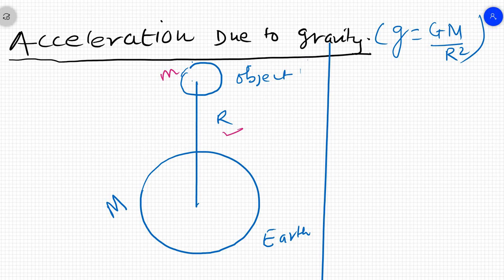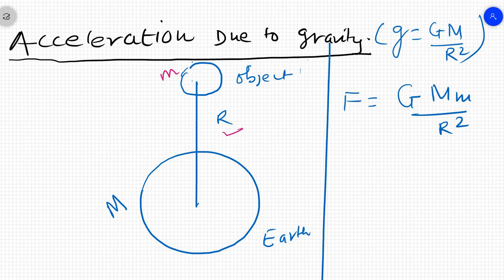It may be r plus h, or the object can be at any distance, but here we have taken the radius as the distance between the object and the earth. Now according to Newton's universal law of gravitation, the force of attraction between them, F is equal to GMm by r square.